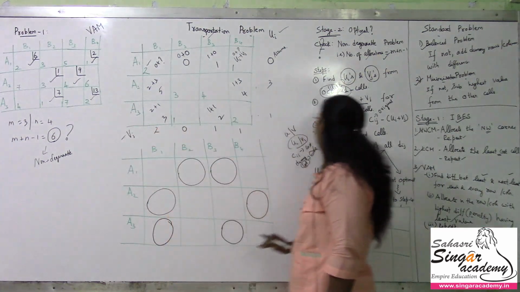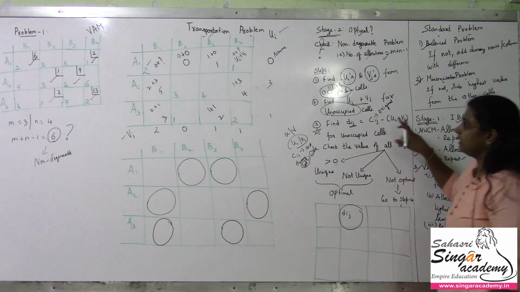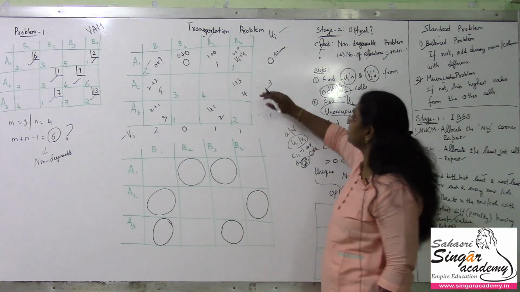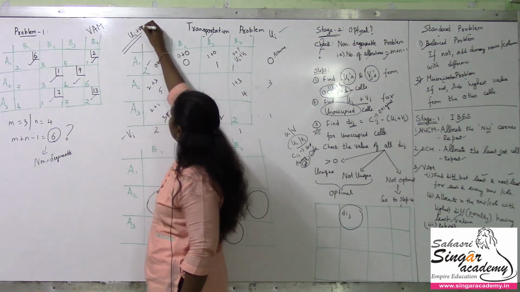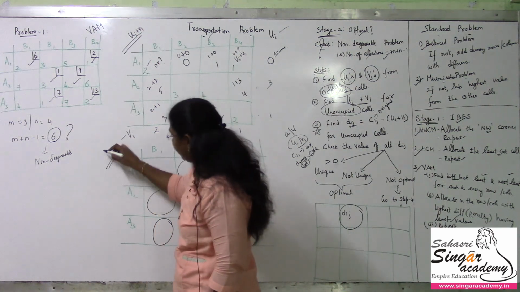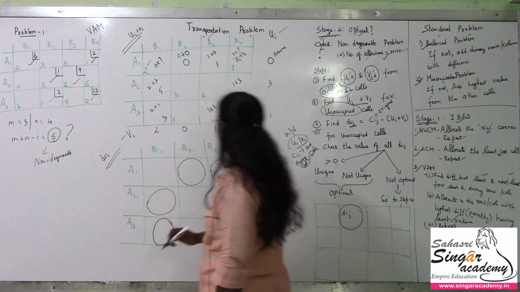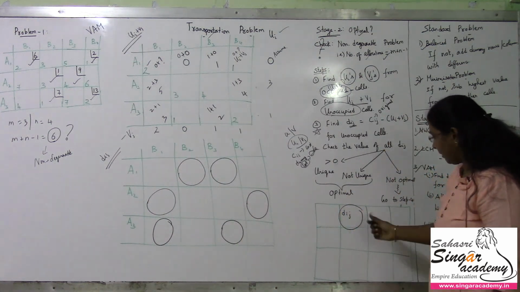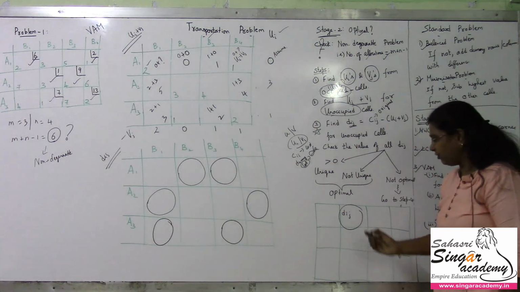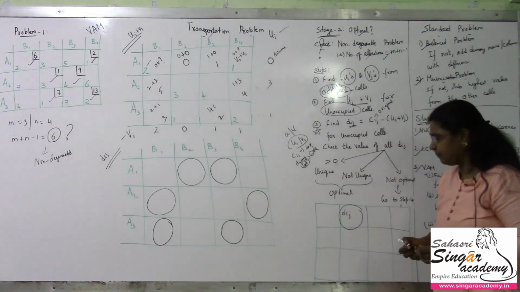And ui plus vj is what we have found here. This is the table we used for finding ui plus vj, and this table we are going to use for dij, where dij is nothing but Cij minus ui plus vj.